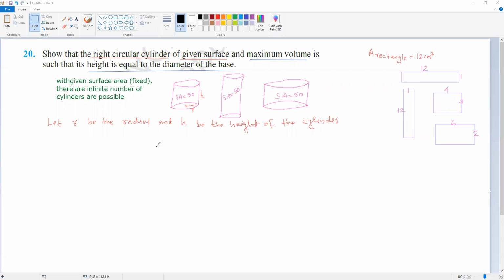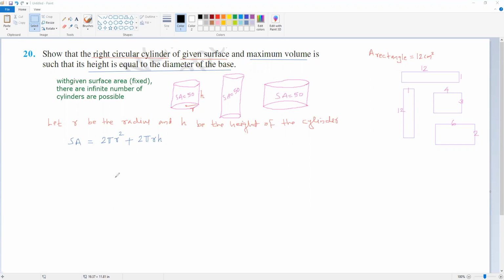So the surface area of the cylinder, you have studied in 10th class. The formula is 2 pi r square, two bases, upper two faces, plus the lateral face 2 pi r h. But keep in mind this is a fixed number, this is constant. R and H are varying, but this total value is a constant. I said 50 as an example, it is a constant.